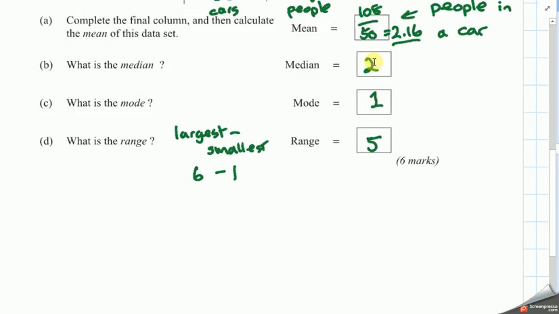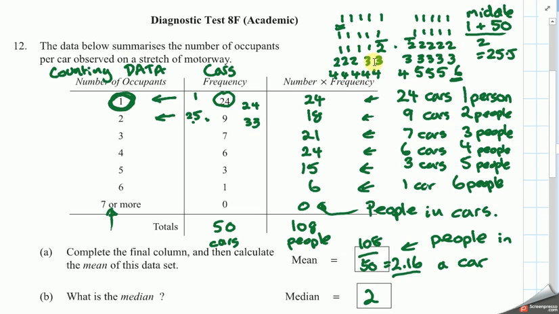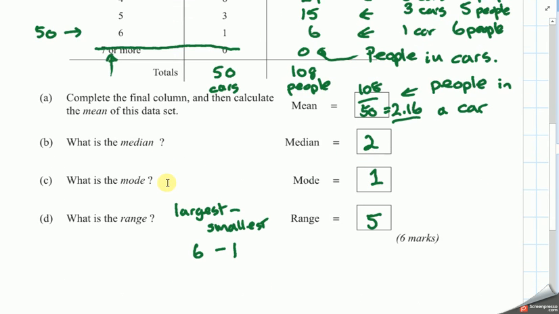If I want to find that in my table, there was nobody with 7, so this last line could have been ignored. I have one car with 6 people. I have 24 cars with 1 person, and the first car was number 1. The first car, number 1, has 1 person; the 50th car has 6. So the largest minus smallest is 6 minus 1, which gives me my 5 again.